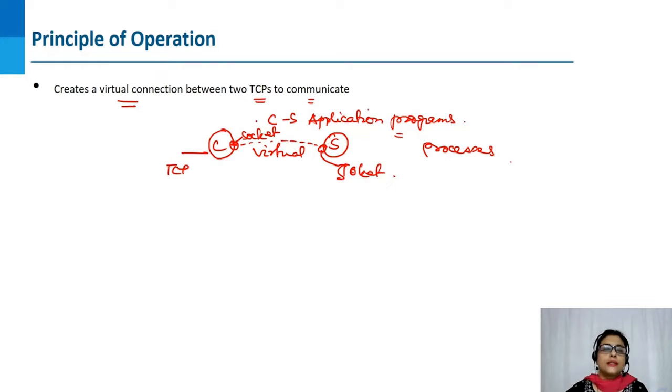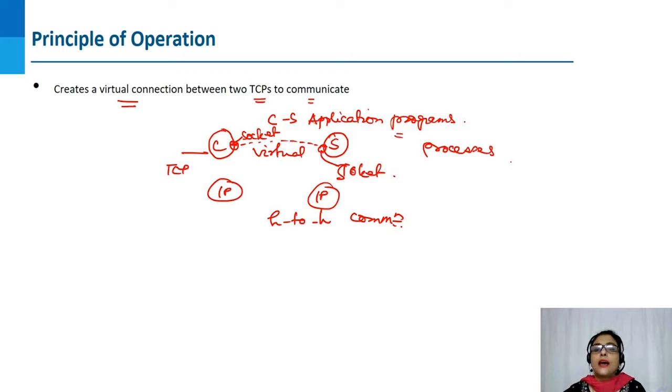Now, we must understand that TCP is a connection-oriented protocol and it is a reliable protocol. Then how come TCP encapsulates itself into the IP and passes it to the other IP for host-to-host communication?